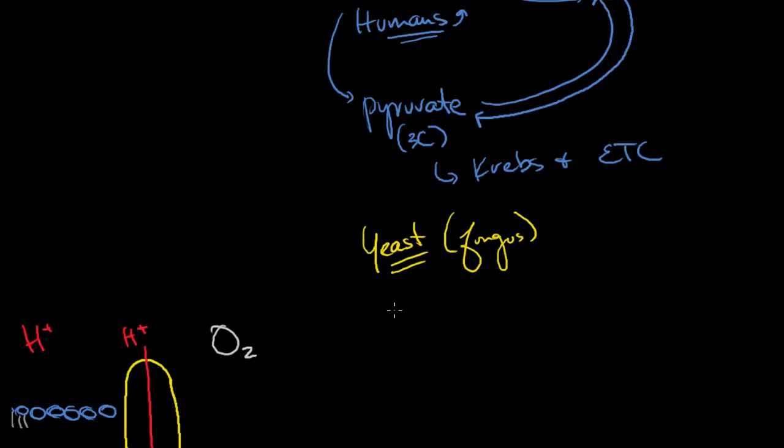So yeast can do aerobic and anaerobic respiration. When you put yeast into your flour with some water, they produce bubbles, some foam, and that's actually carbon dioxide that they're producing through respiration. But they can actually produce carbon dioxide from two different ways. So one, they can follow the exact same pathway that we do, with glycolysis, Krebs, and electron transport chain.